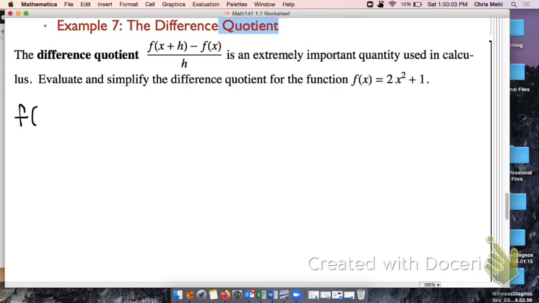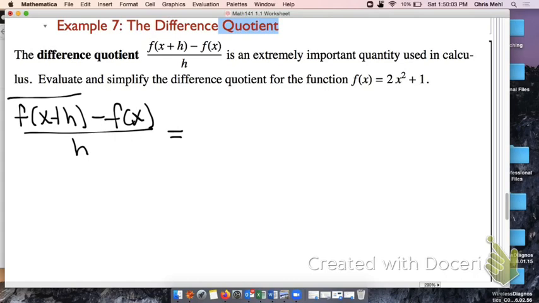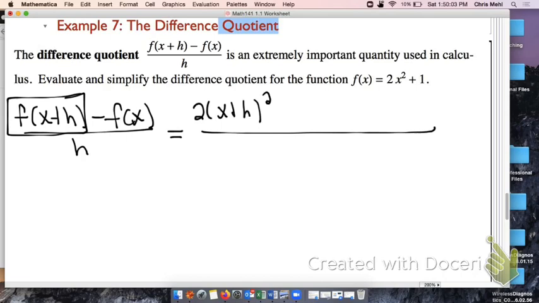So now if I'm doing this all at once, if I'm going to find and simplify the difference quotient, okay, this expression is going to equal, I can use a string of equalities for this. Now the first part is what is the f of x plus h. So I'm going to write that down. We just saw that that is obtained by squaring x plus h first, multiplying by 2, and then adding 1.